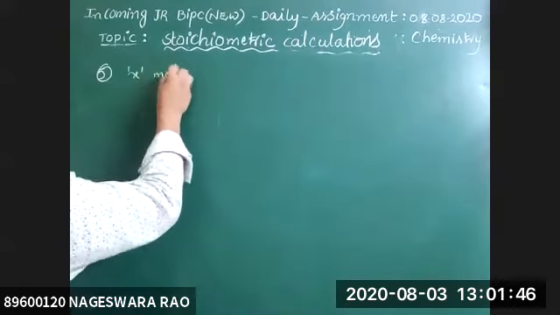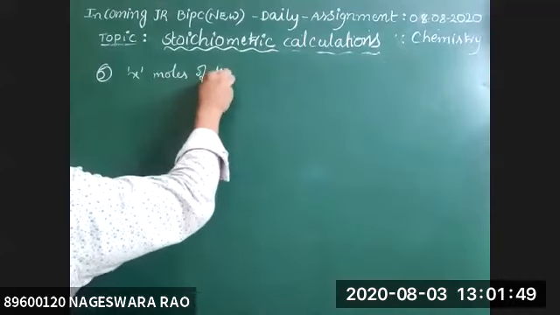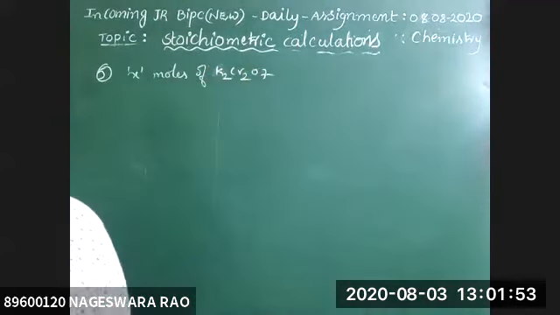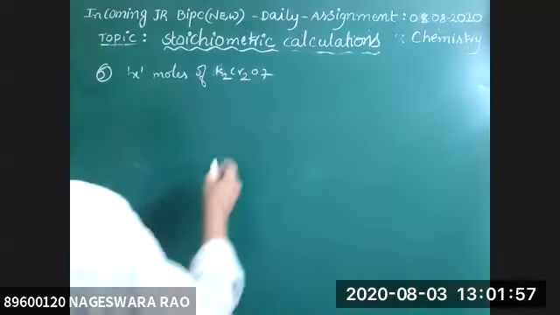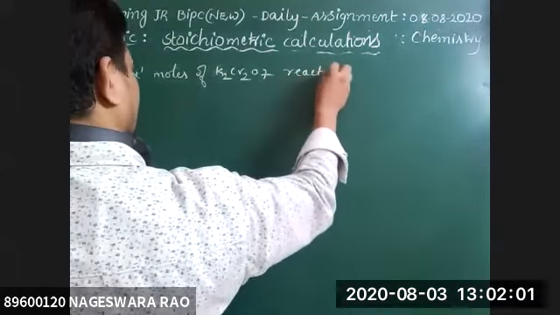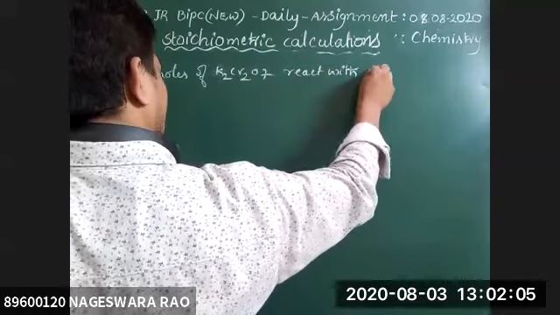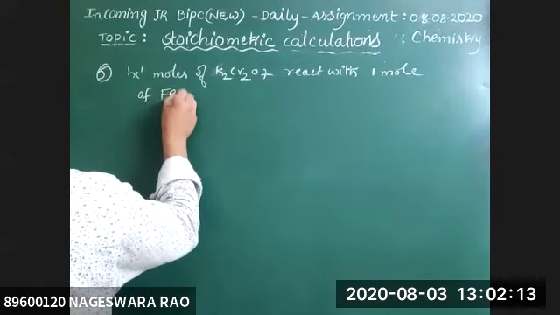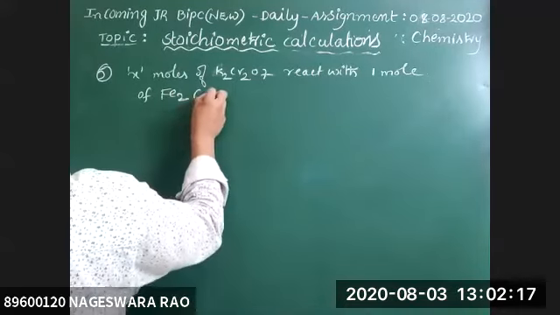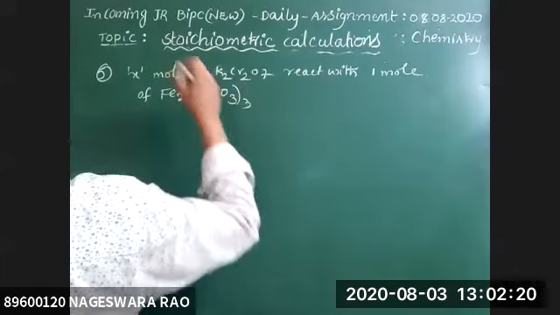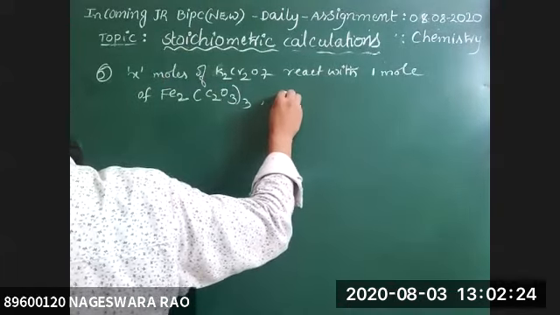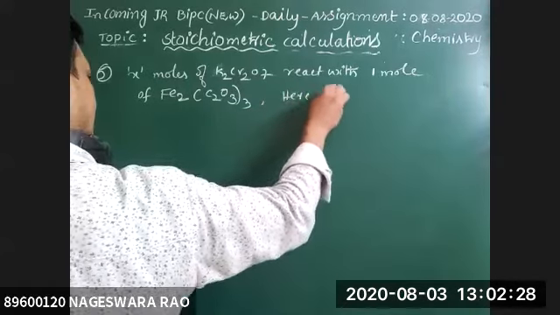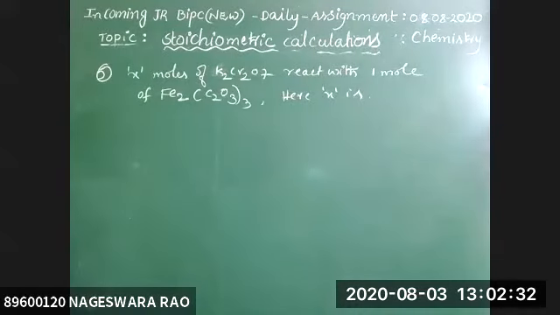If X moles of K2Cr2O7 react with 1 mole of ferric oxalate, what is the X?